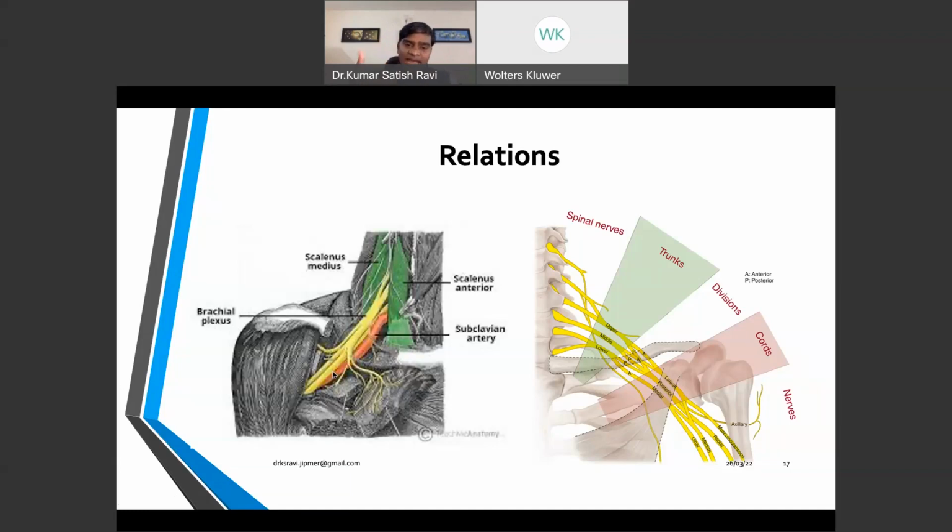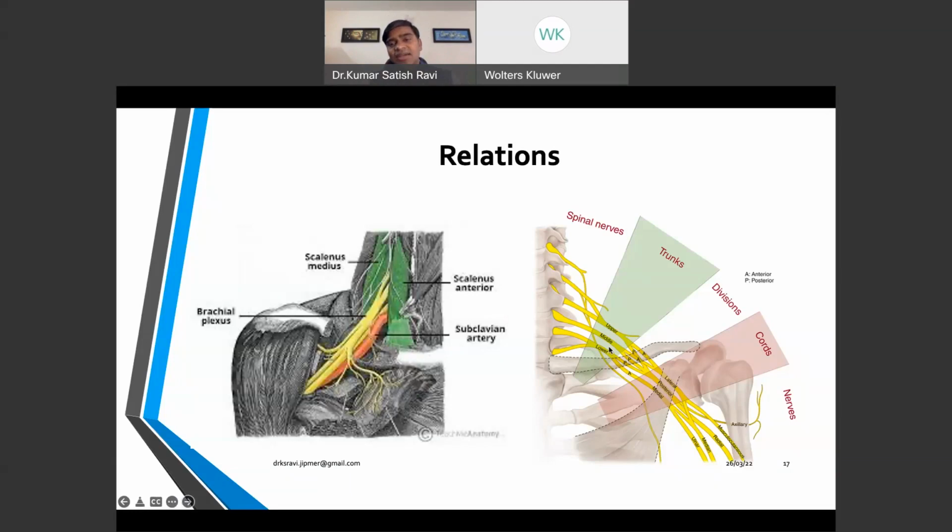The medial cord will be lying medial to it, the lateral cord will be lying lateral to the second part of the axillary artery, and the posterior cord of the brachial plexus will be lying behind, or posterior to, the second part of the axillary artery. And then it gives the terminal branches to the upper limb. So this is all about the relations.